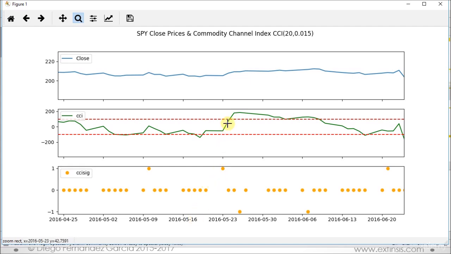On the other hand, whenever we observe the commodity channel index going from below to above plus 100, which is the upper threshold here, then we had a sell signal such as this one.